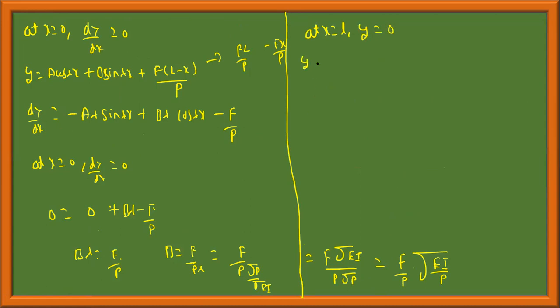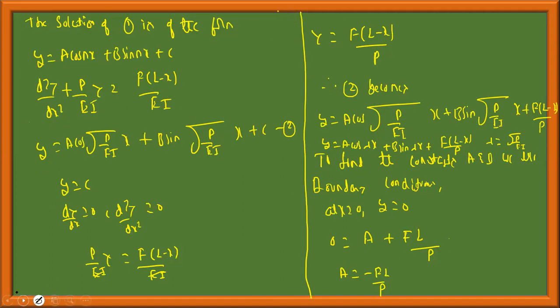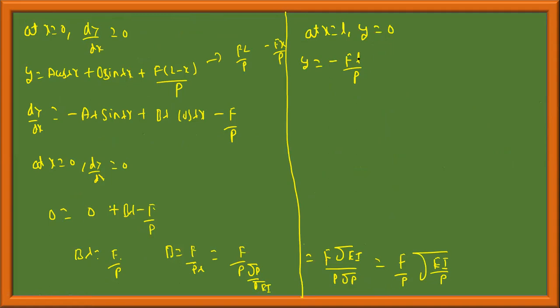Therefore, this turns out to be y is equal to minus fL by p cos lambda x plus f by p root(EI by p) sin lambda x plus f of (L minus x) by p.